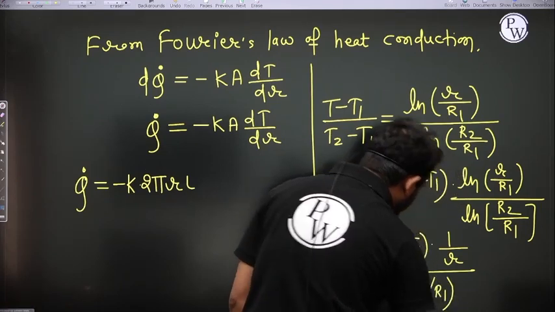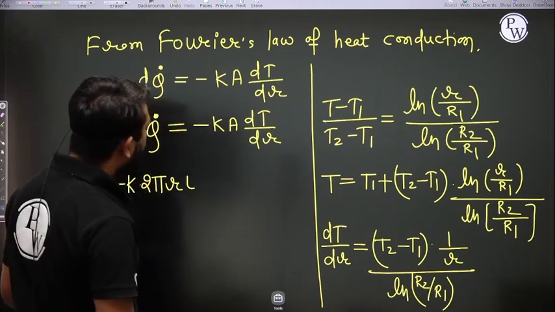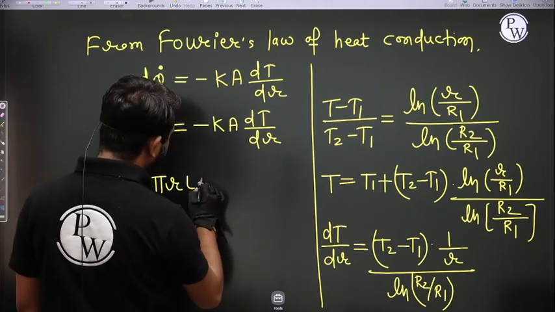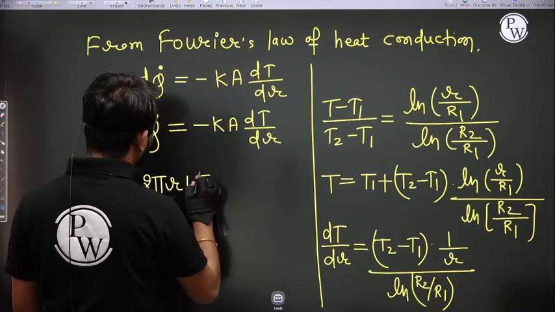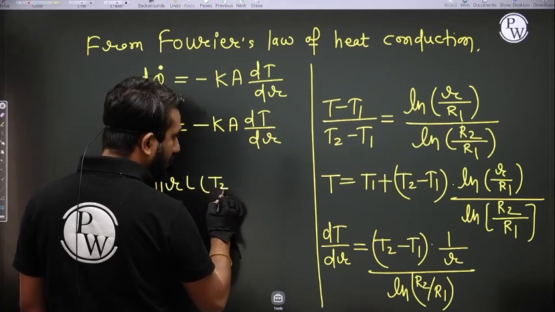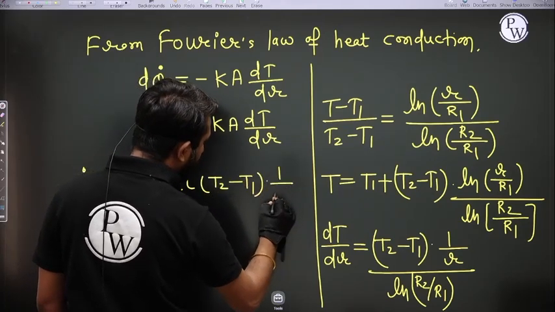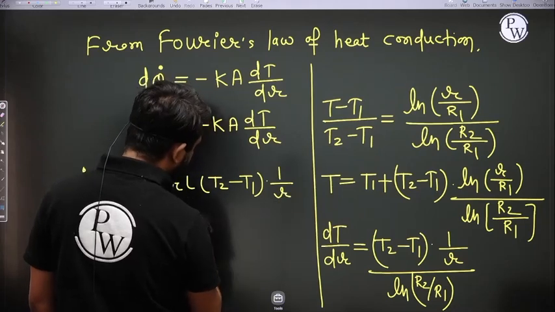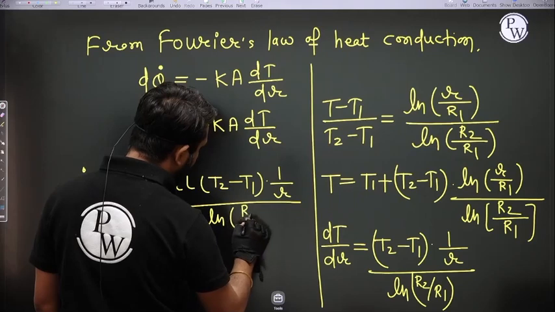So ultimately, what you are getting is minus K 2 pi R, and this is (T2 minus T1) times 1 by R divided by ln(R2 by R1).